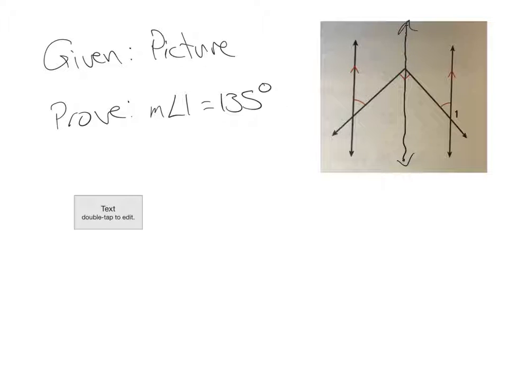Okay. And we're going to say that this line is also parallel to those other two. Why do this? Well, we do this because if this is true, then by our alternate interior angles theorem, this must be equal to those angles, and by alternate interior angles theorem, this must also be equal.